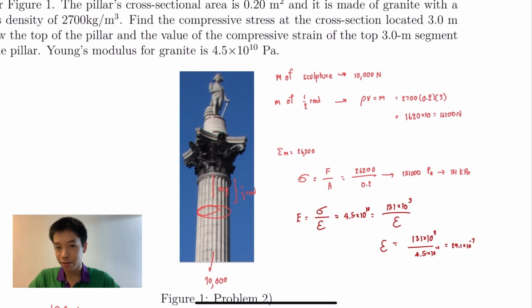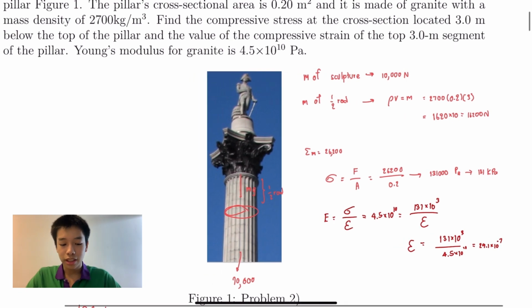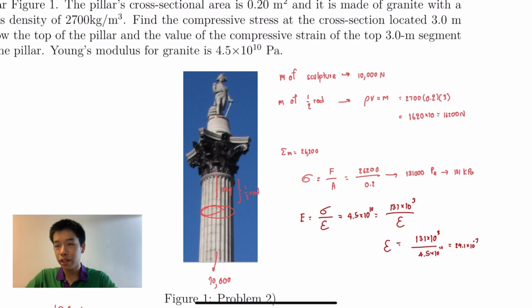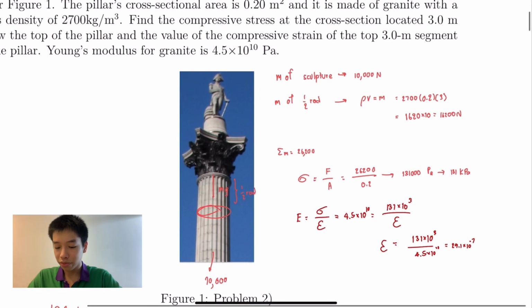We can find stress by using this formula. So we get the stress is 131 kilopascal. And next is finding the strain. For strain, we use this formula to calculate. The formula is Young's modulus is equal to stress divided by strain. So strain is equal to stress divided by Young's modulus, and this is the answer.